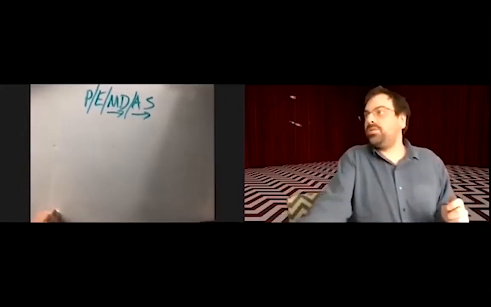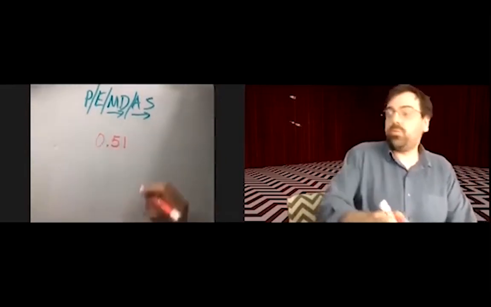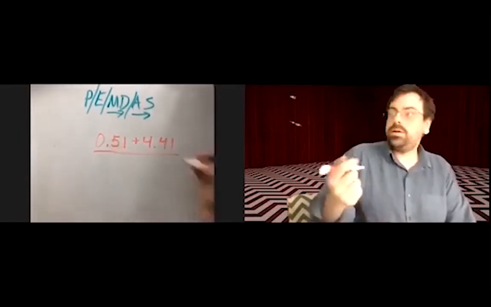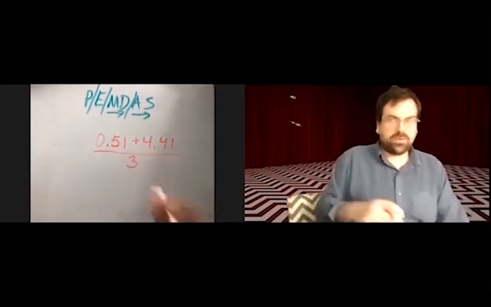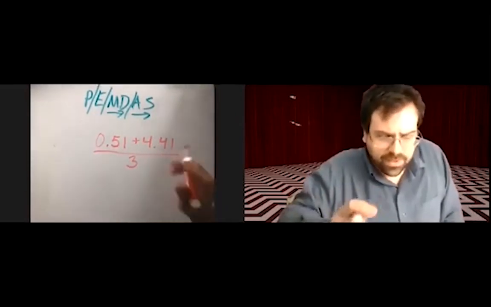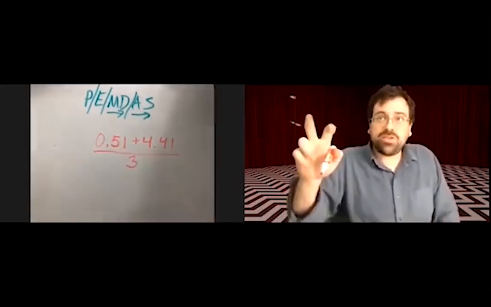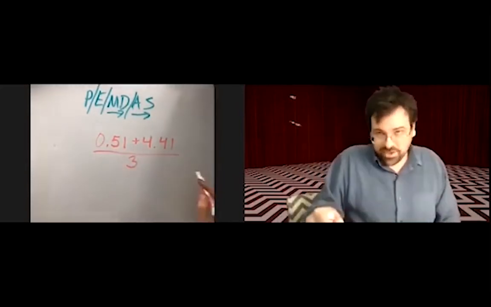I would like to look at this one next. 0.51 plus 4.41 all over 3, and we'll see another one of these later in the review. This fraction bar is division.